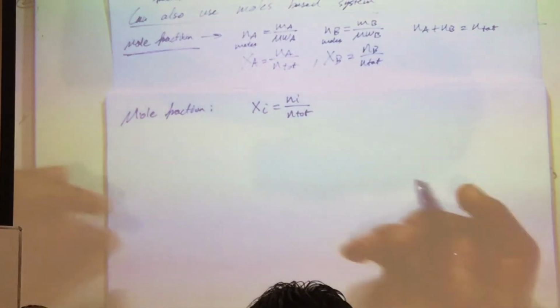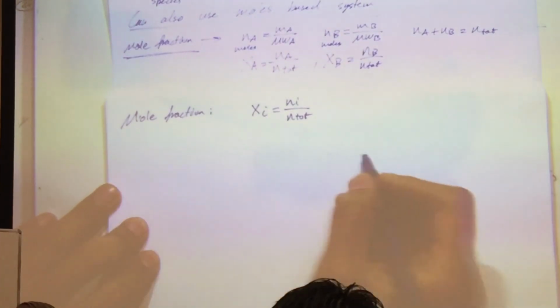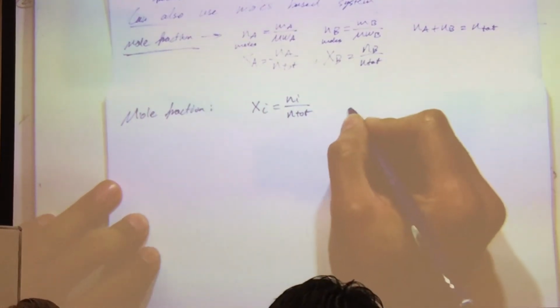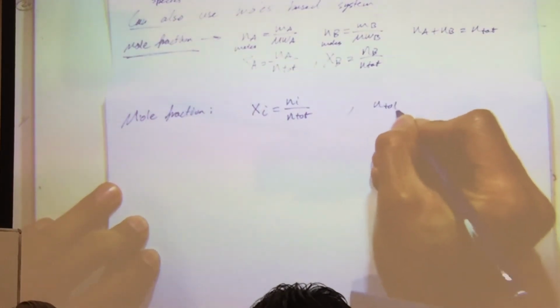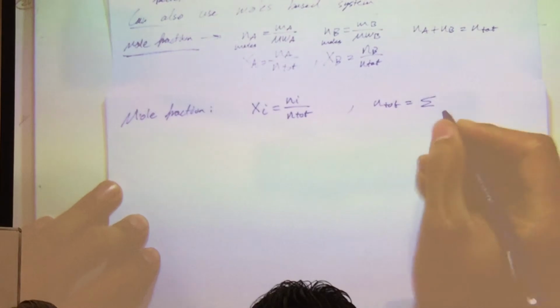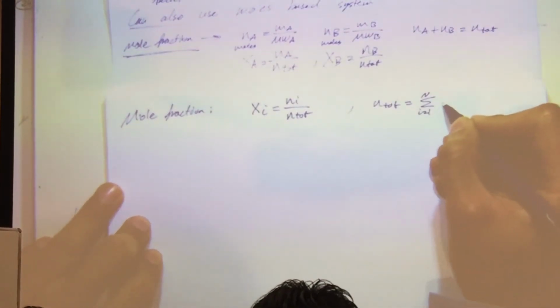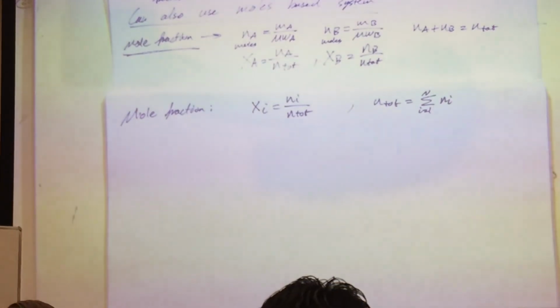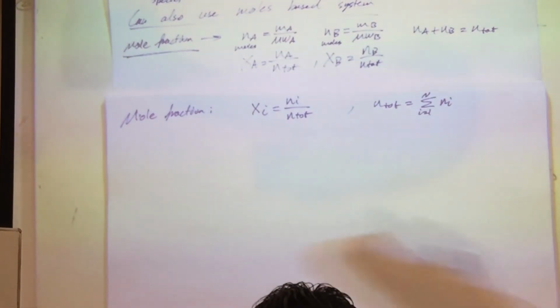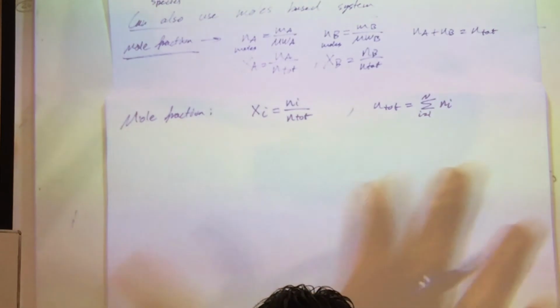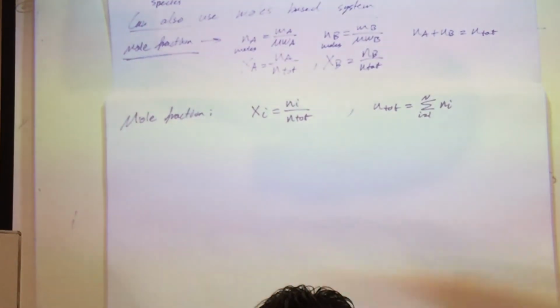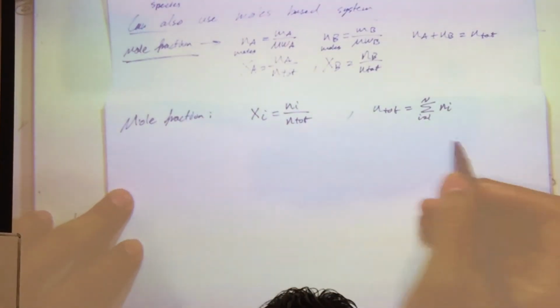And n total is equal to the sum of the multiple moles that I have, so ni of each species. I'm going to do an example, so don't worry. Let's just list the equations so you have them, and then eventually we'll look at the examples.